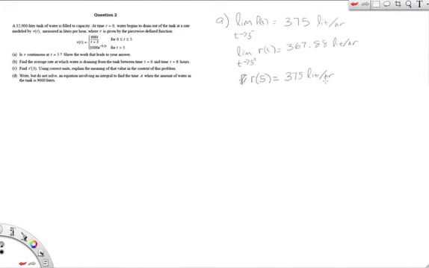And so, is R continuous? I would say no, because the limit as t approaches 5 of r of t does not exist.